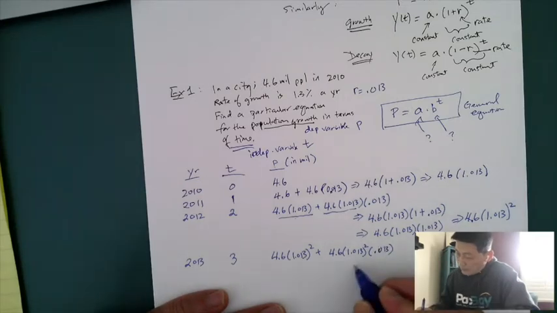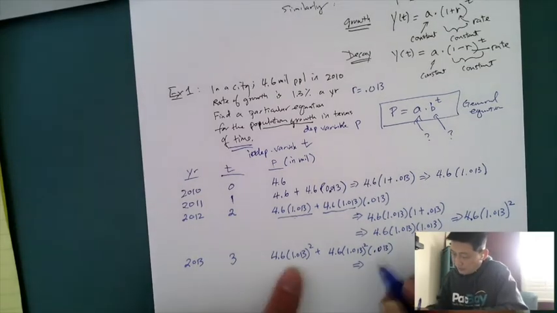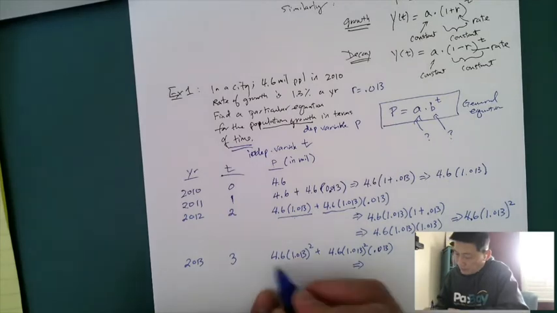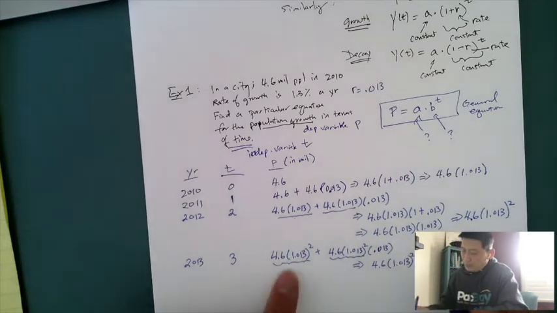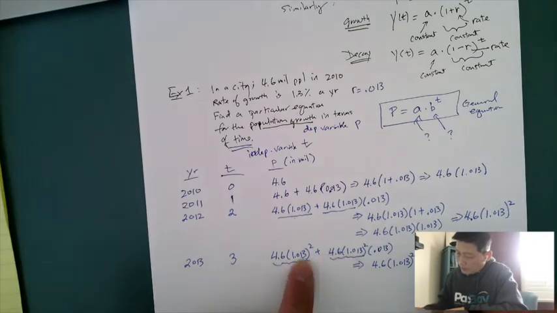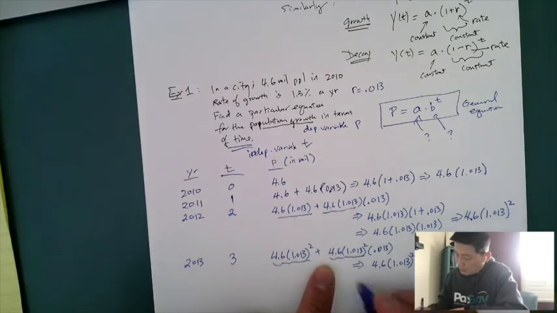So then you end up with this: you can factor out this term, and you're left with 1 plus 0.013.